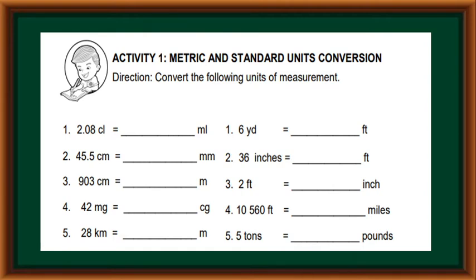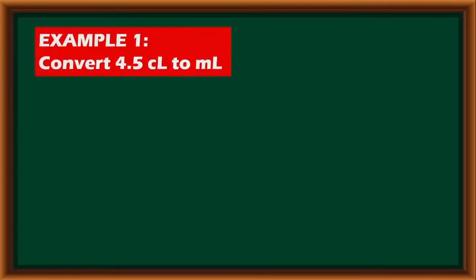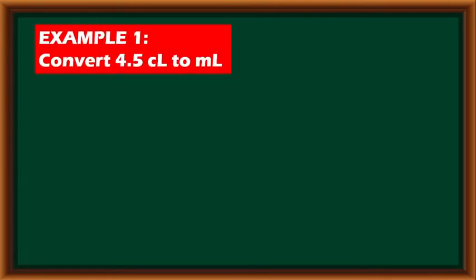For instance, if we have 2 and 800 CL, what is CL? Centiliter. Is how many in milliliter? Okay, let's say this one. Example number 1. Convert 4.5 centiliter to milliliter. Take note that the symbol for liter is capital letter L. What will be our solution?